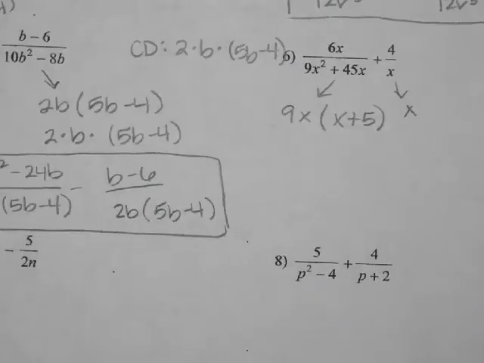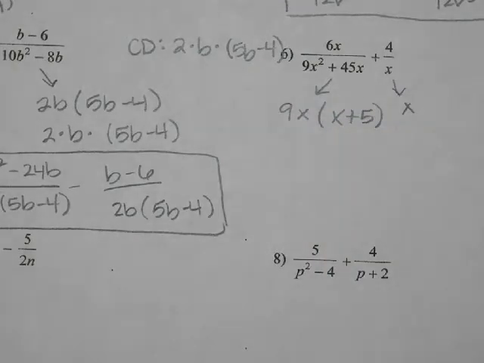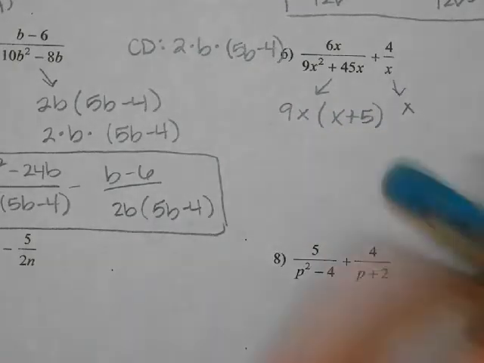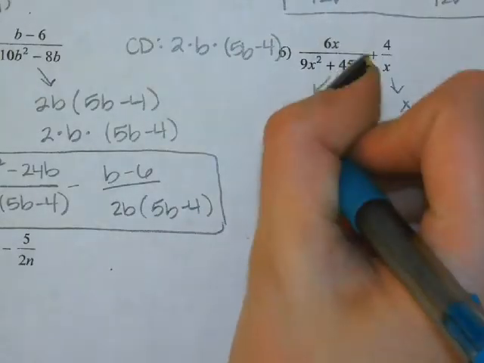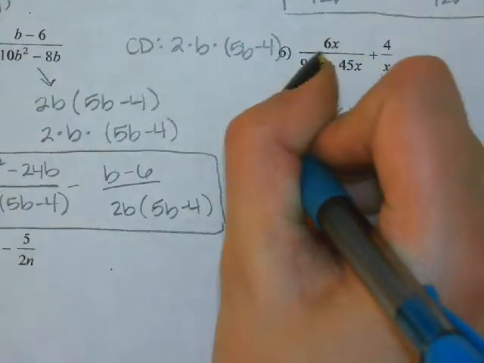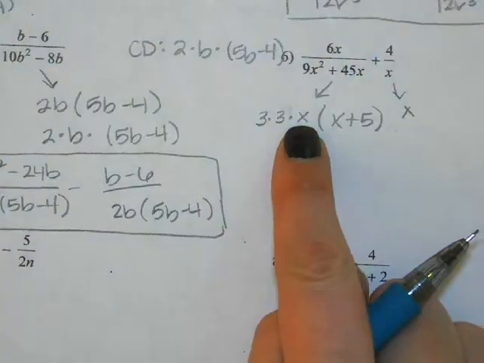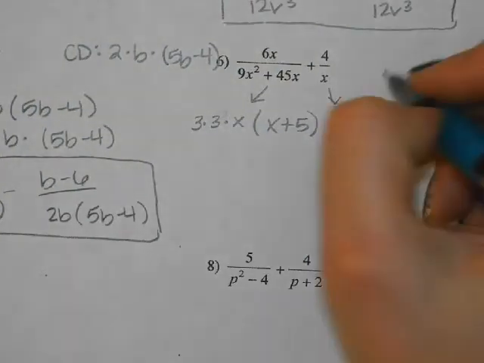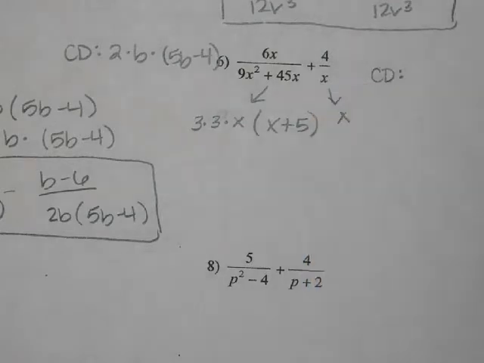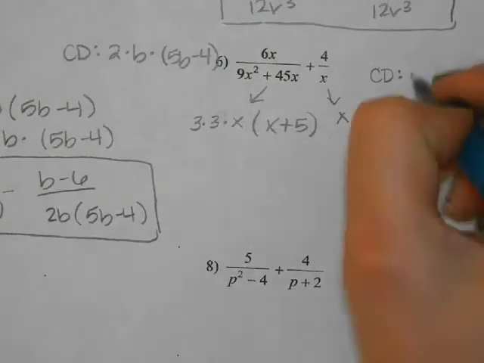And the 9, we could go ahead and say that that's 3 times 3. Do you agree with that? Yeah. Sure. You still have to add the x in. Yeah, we still have to have the x in there as part of the GCF. So our common denominator is 3 times 3.